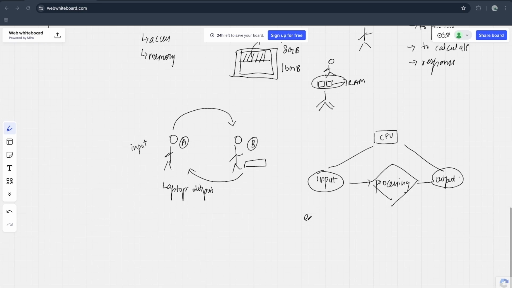For example, I am going to instruct: enter a number between 1 to 10. So the computer will ask me a question, enter a number between 1 to 10. I'm going to enter 5. Again I'm going to enter a number from 10 to 15. So I'm going to put 10, and if I want the sum, it will give 15. So this is the input, this is the output.